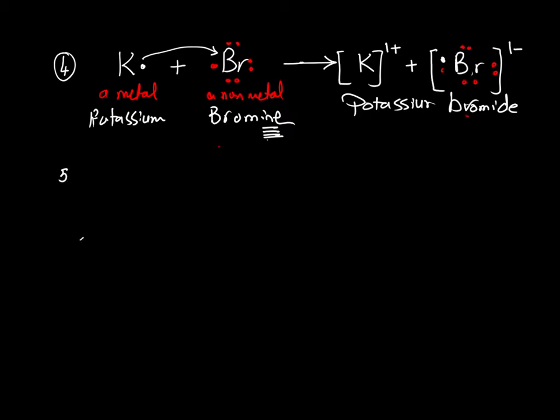Example 5. Calcium oxide. Reaction between calcium and oxygen. Calcium, yes, group 2, and it has 2 electrons. It's a metal. Oxygen lies in group 6, has 6 electrons in its outer shell.